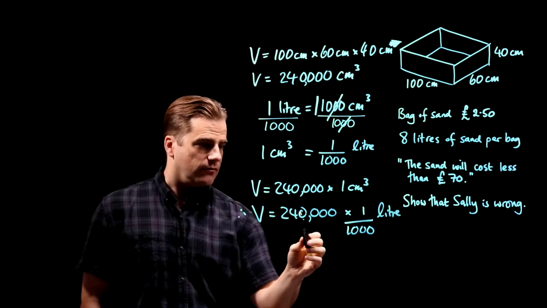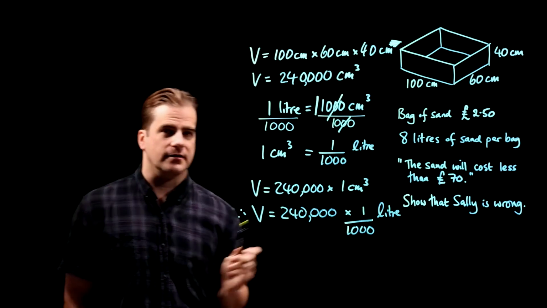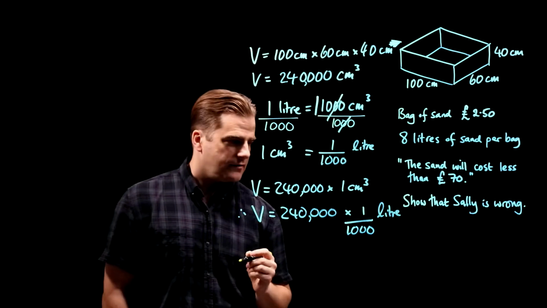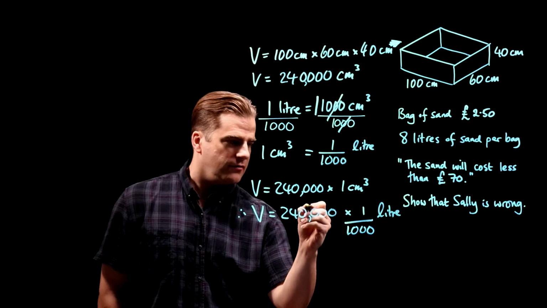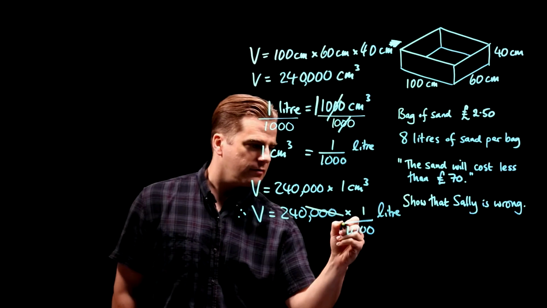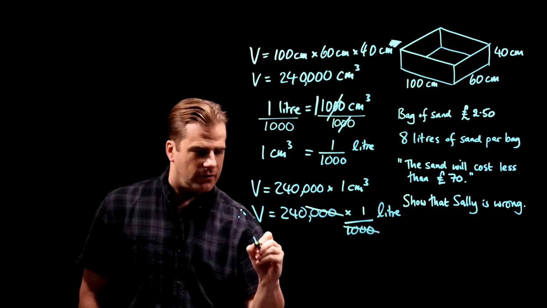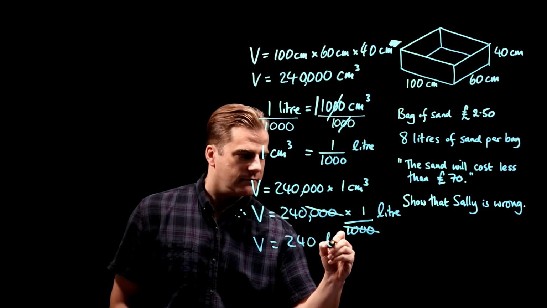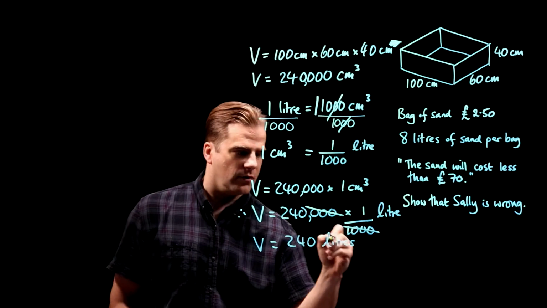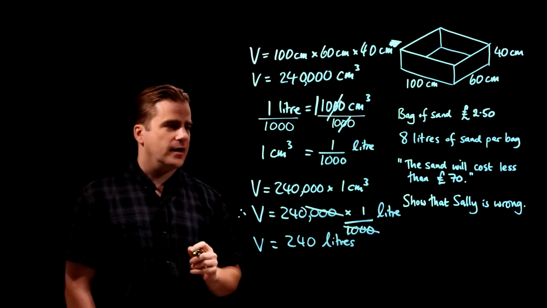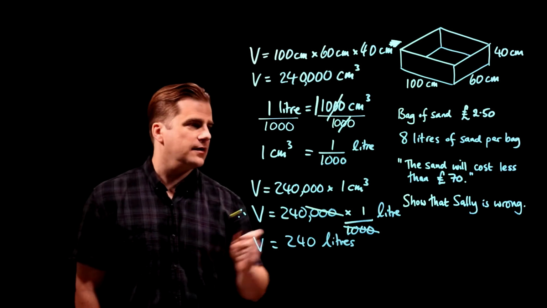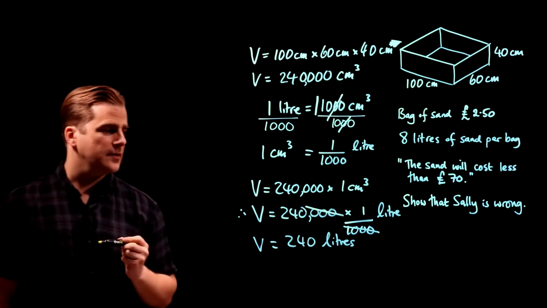Because look, we've got 240,000 divided by 1,000 litres is that. Okay, so divide by 1,000, just knock off 3 zeros. So the volume is 240 litres, or just L. Okay, right, so we've got the volume in litres, and there's 8 litres of sand per bag.